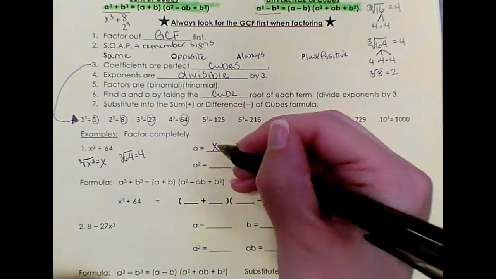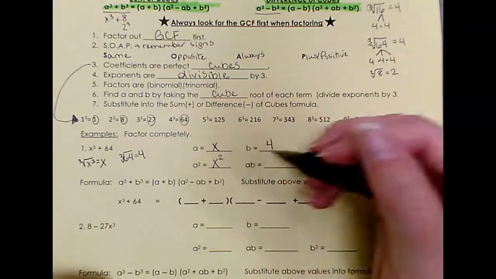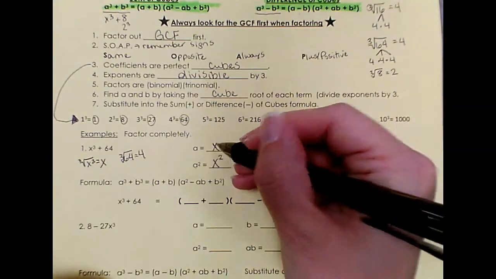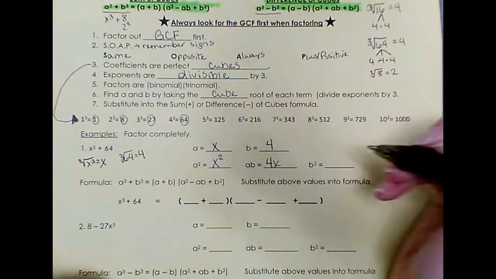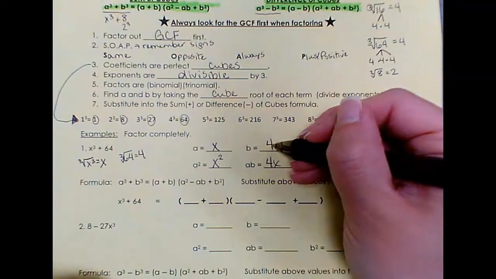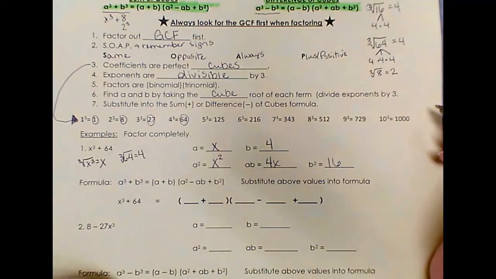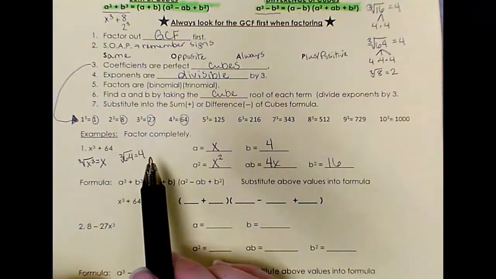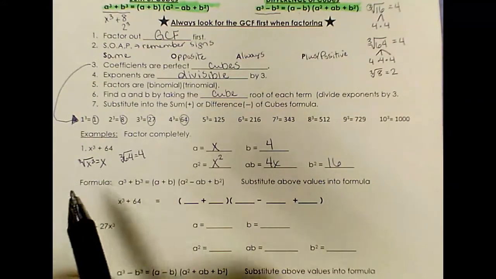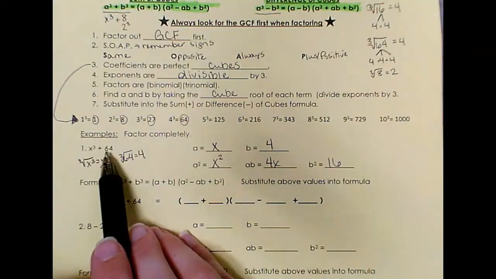So a squared is x squared. A times b is x times 4. And b squared is 4 squared, so 16. So now I have all the pieces that go into my formula. I notice that this is the sum of 2 cubes.